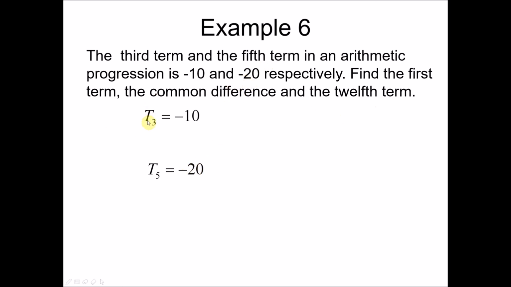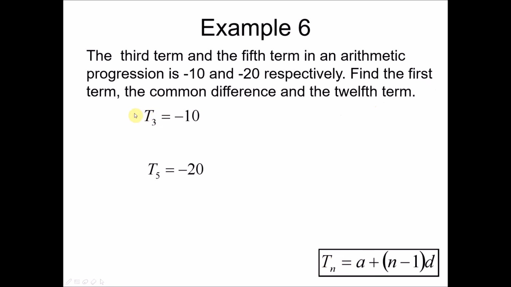We need to first convert this using the formula. With the formula, T3 equals a plus 3 minus 1 d. I can rewrite this as a plus 2d equals -10. This comes from using the formula.